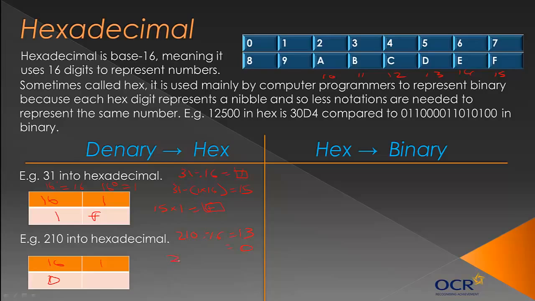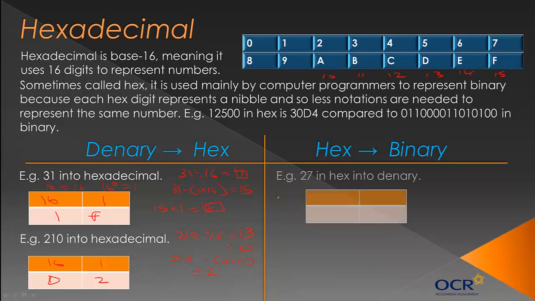So we do 210 minus 16 times 13, and that equals 2, because 16 times 13 is 208, and 210 minus 208 is 2. And 2 in hexadecimal is simply the number 2. So 210 in hexadecimal is D2.